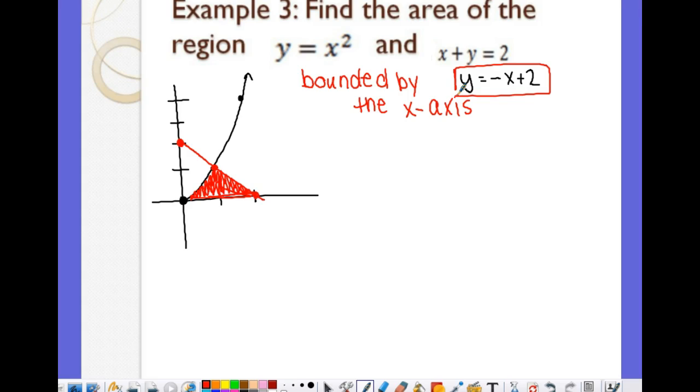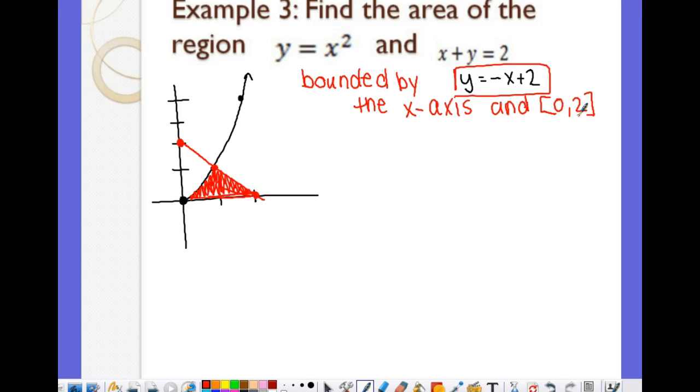So from 0 to 2. We wrote it from 0 to 2. What's going to be the top one? That's why I picked this one. In the definition, it says where f of x is always greater than g of x.